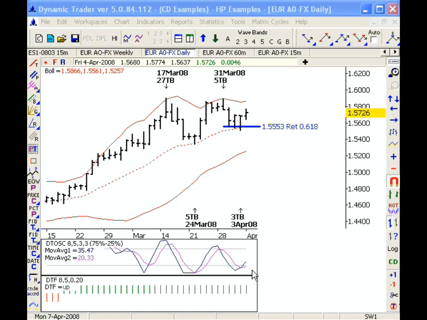Now, we can use that information for either swing trades that would last several days, or even if we're going to do very short-term trades, we'd still want to be looking on the long side. So let's take a look at the 60-minute data and see where we are as of April 4th, which is the last bar in this daily chart.